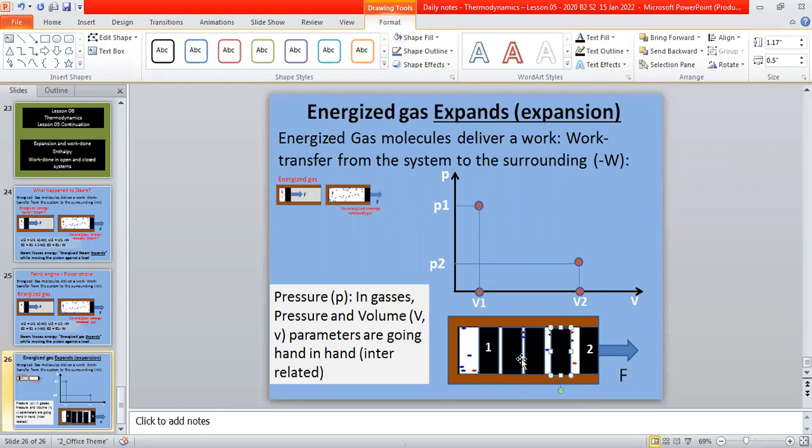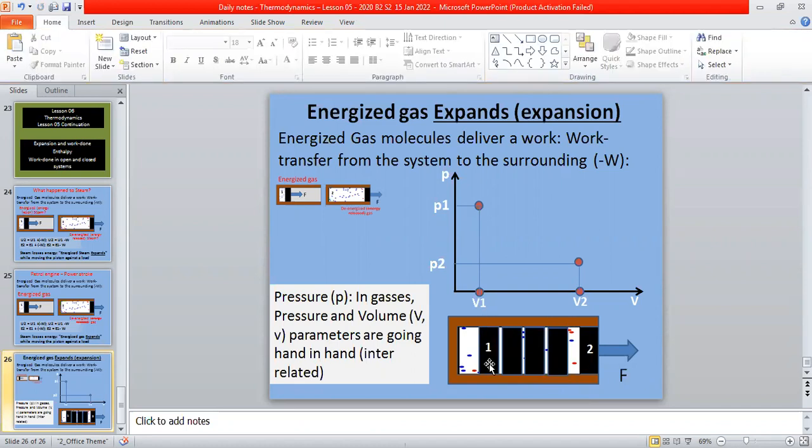So 1 to 2, this expansion. So this gas passed through these intermediate states. Okay, these intermediate states.